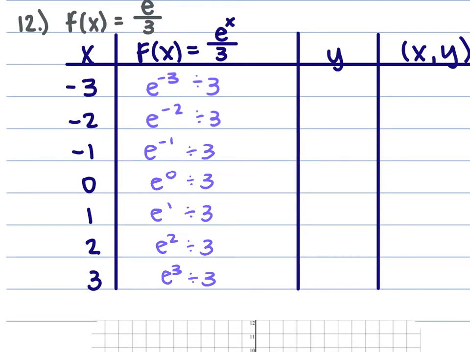All right, so e to the negative third divided by 3 gives me 0.017. Then e to the negative second divided by 3 is 0.045, so that's 0.05.